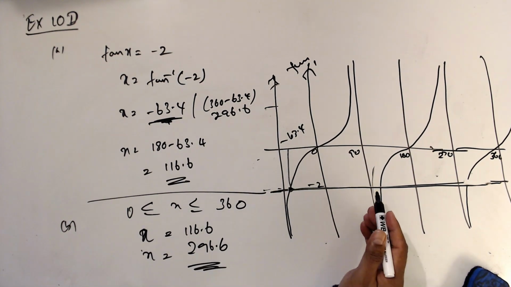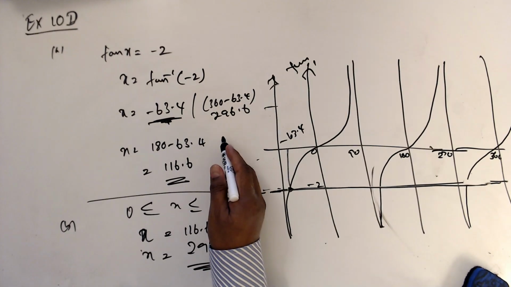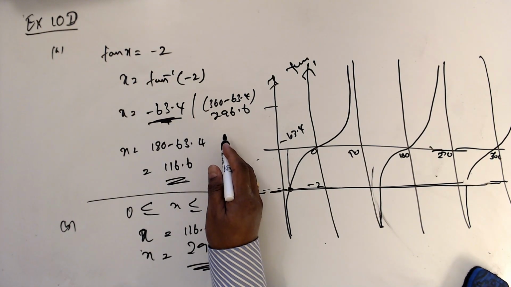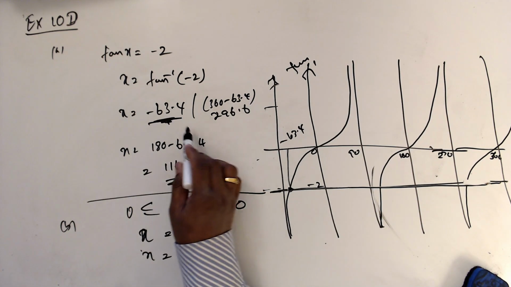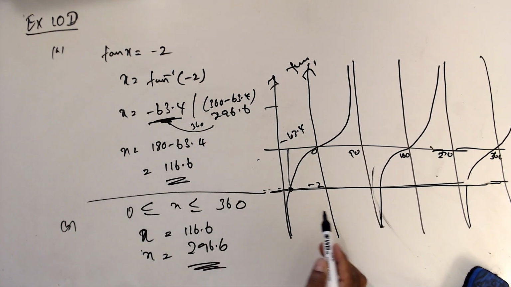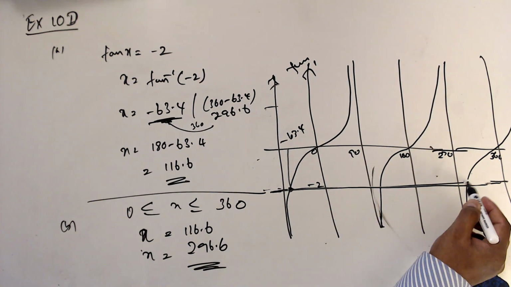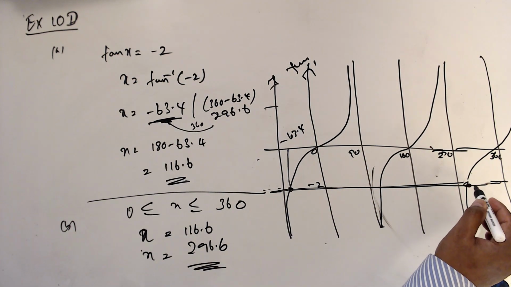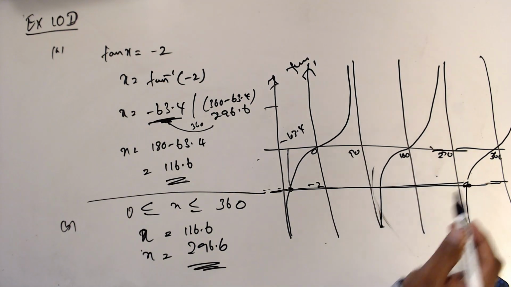Then we need a positive answer. We will add 360. When you add 360 to this one, you will get the 296 answer here.